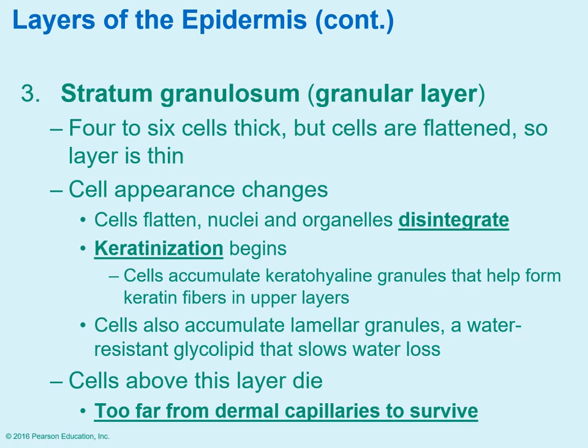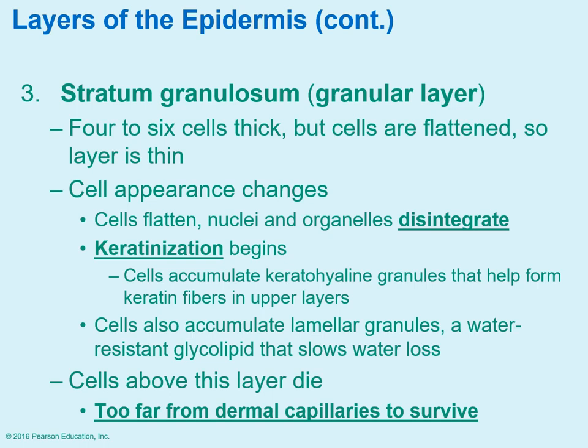Because it's getting further and further away from that basal layer. And remember, the epithelial tissue does not have a blood supply. It's avascular. So, as I mentioned at the beginning, it's dependent upon the underlying dermal layer to provide the nutrients, the oxygen, those materials that are necessary for cell survival.